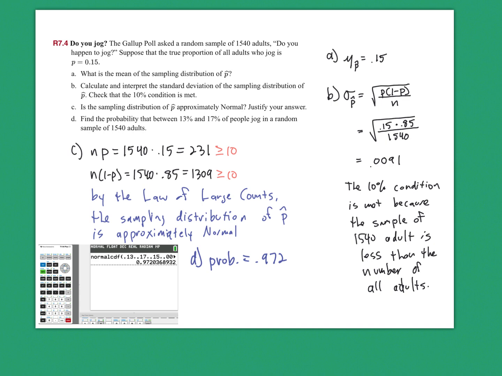So these values are about 2 standard deviations away from the mean, and remember, within 2 standard deviations the amount of data is 95%. It's a little bit more than 2 standard deviations, so it makes sense this should be a little bit more than 95%.